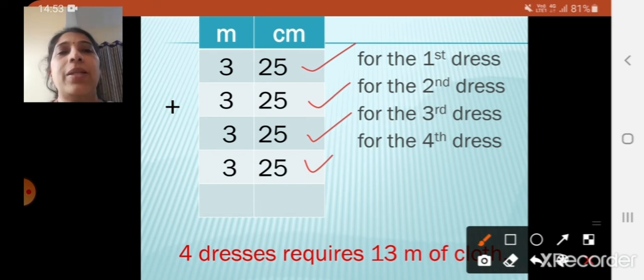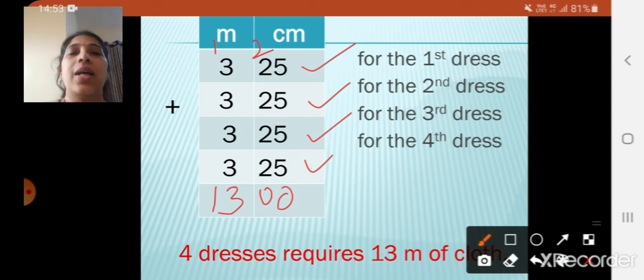Now 5 plus 5 is 10, 10 plus 5 is 15, plus 5 is 20. So 0 written down, 2 carried over. 2 plus 2 is 4, 4 plus 2 is 6, 6 plus 2 is 8, 8 plus 2 is 10. So 0 written down, again 1 carried over. 1 plus 3 is 4, 4 plus 3 is 7, 7 plus 3 is 10, 10 plus 3 is 13.